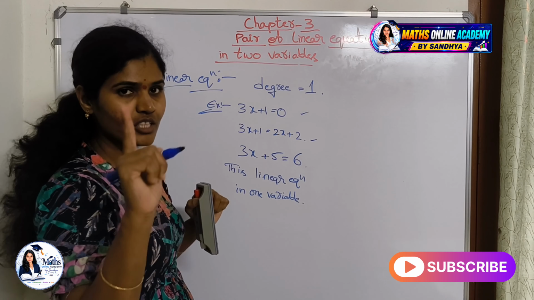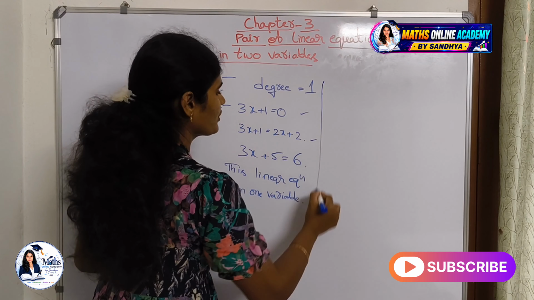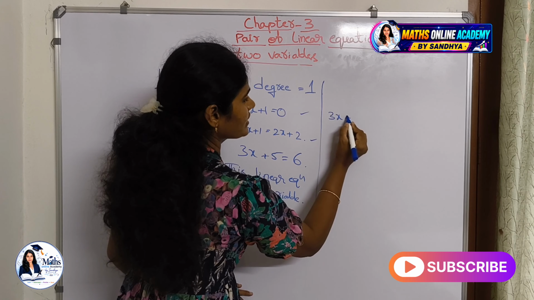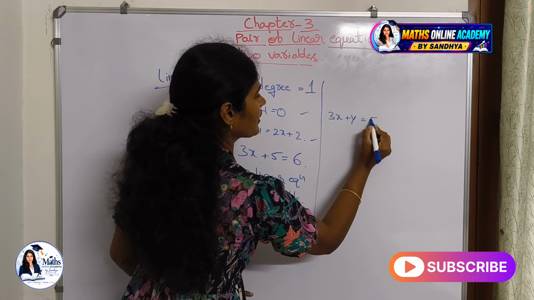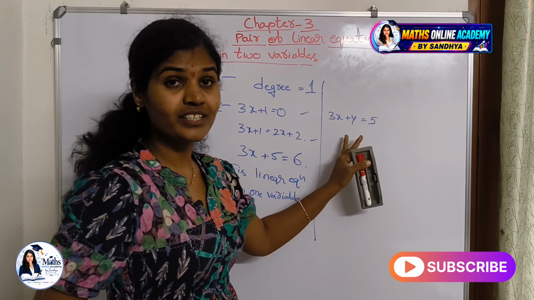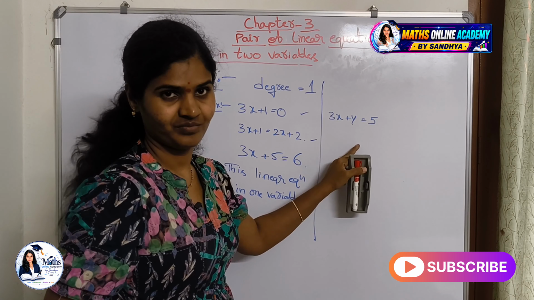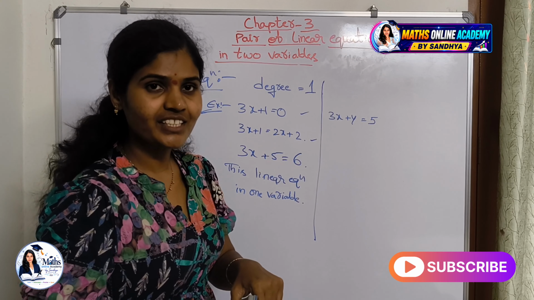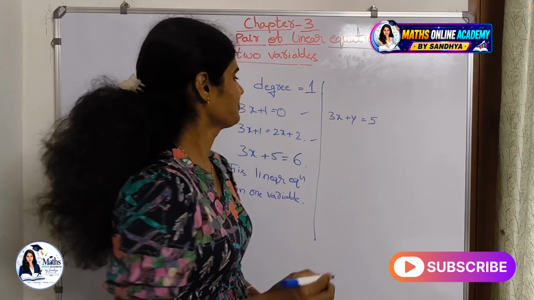Okay, only one variable. And some more examples, let's say 3x + 5y = 5. How many variables are here? 2. So this is called a linear equation in two variables.